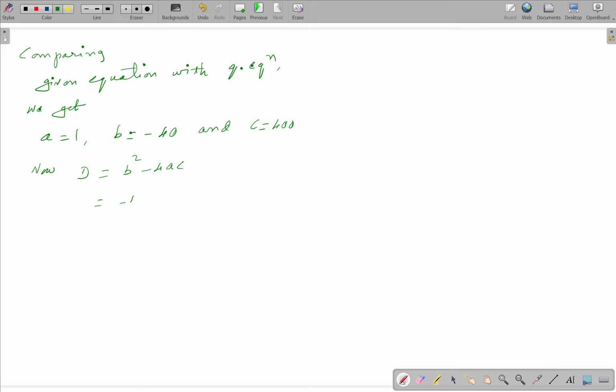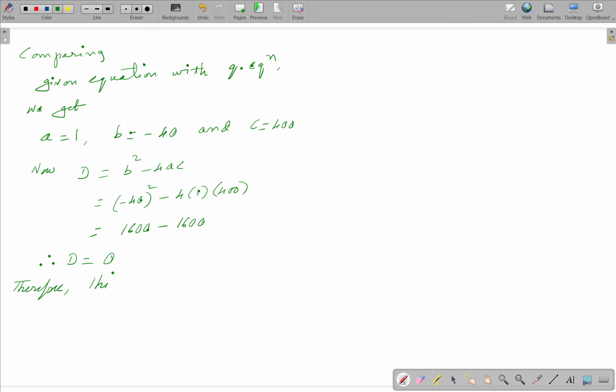Now D is equal to B square minus 4AC, minus 40 whole square minus 4 into 1 into 400, that is 1600 minus 1600. Therefore D is equal to 0.